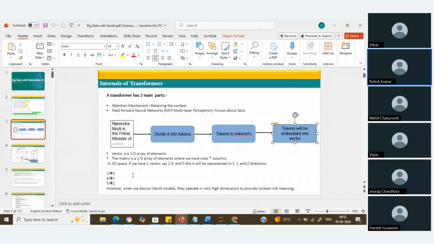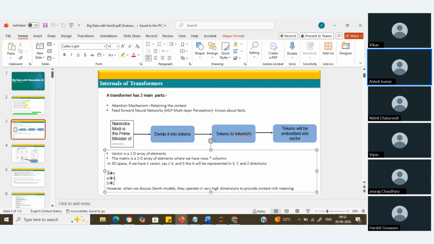Now we have seen this particular stuff. We have values inside the vector space, and a vector is nothing but a one-dimensional array. A matrix is a two-dimensional array. Inside the 3D space, if we have one vector, say 2, 4, 5, it will be represented in the x, y, and z directions.